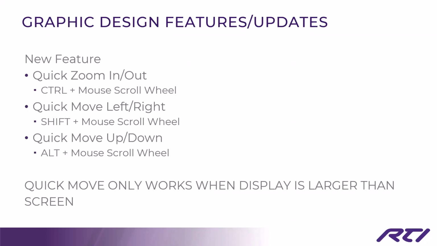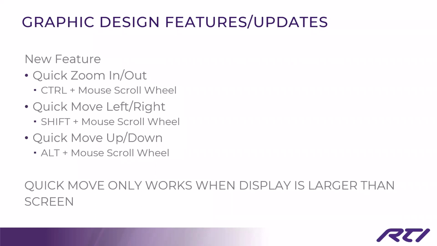Now we've added in a quick zoom. So if you want to zoom in or zoom out on a device, holding Control and then using your mouse scroll wheel will zoom in on a device when that UI is selected very quickly and easily. So you don't have to go down to the bottom and find it and then zoom it in, zoom it out, or select a certain one.